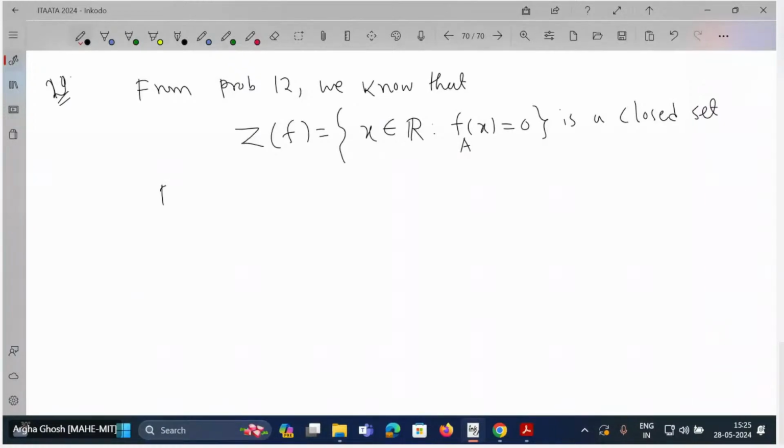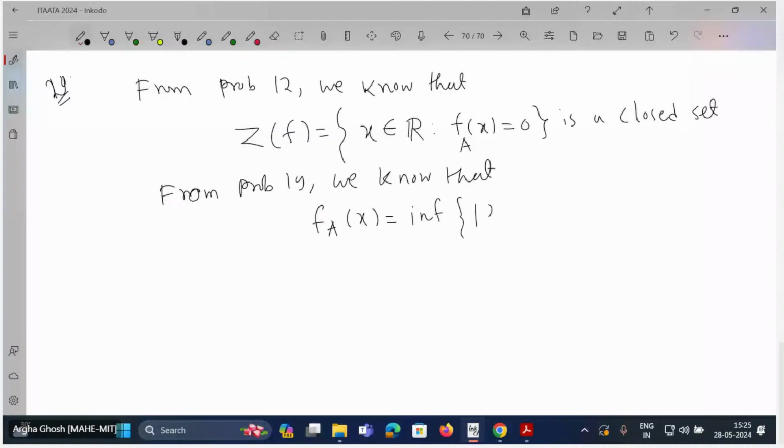So from problem number 19, we know that f_A(x), which is the infimum of mod of x minus a such that a belongs to A, is uniformly continuous on the whole real line.